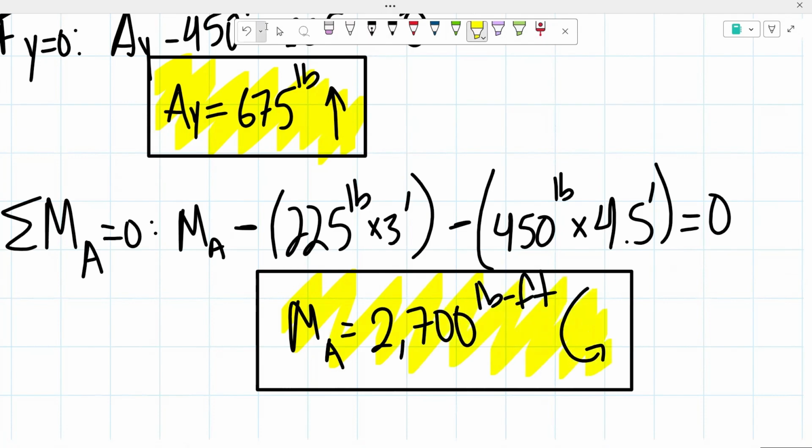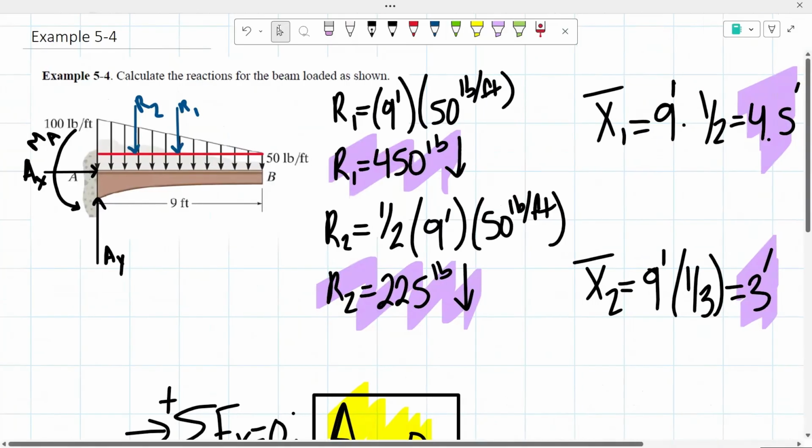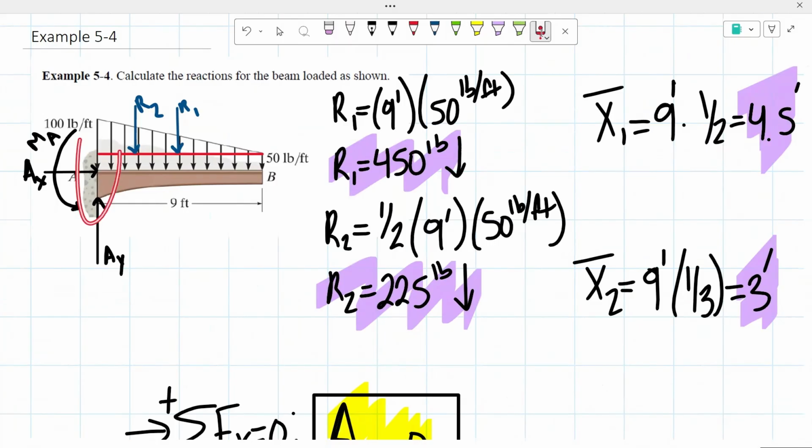So once again, the first thing that we did is we determined how many reactions there were going to be. Since it's a fixed end, we knew that there were going to be 3 reactions: the moment, our x force, and our y force. From there, we had a loading going on this beam.